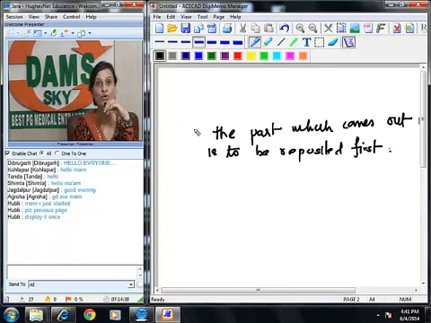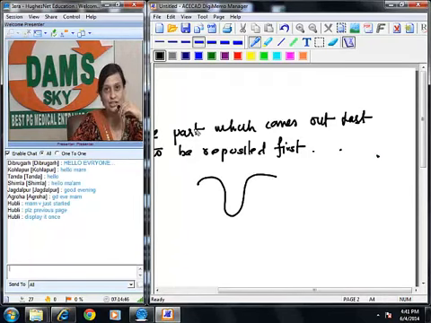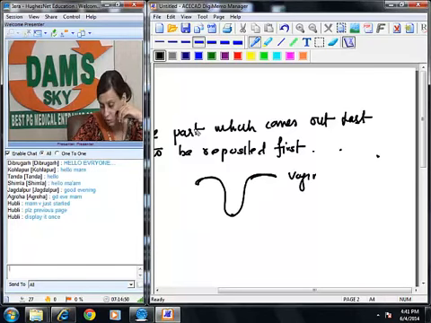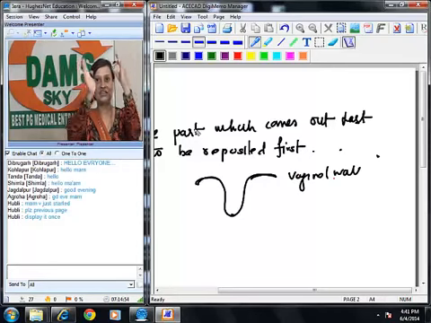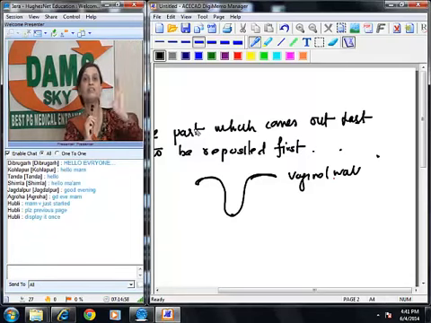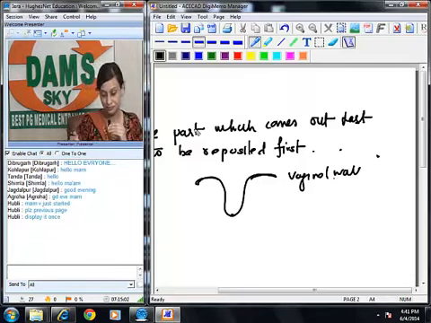So this is the rule we follow. The part which comes out last is to be reposited first. So if we look at this picture again, the first thing to fall out is the fundus, whereas the last thing to fall out is the vaginal walls. So what we do is we start replacing the vaginal walls, and as we keep replacing the vaginal wall, the fundus will automatically keep going inside, right?